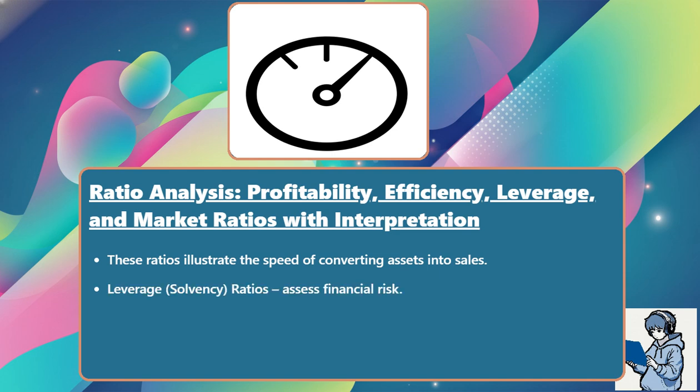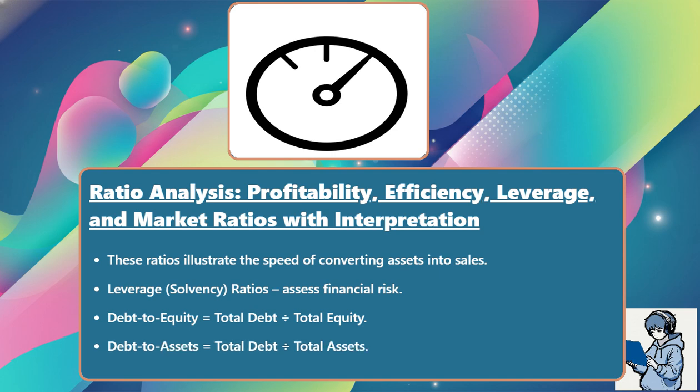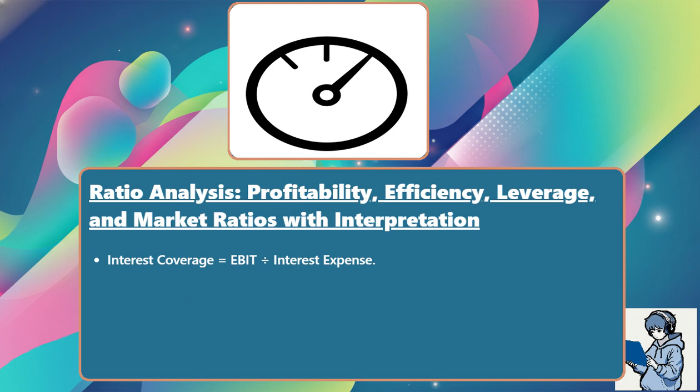Leverage or solvency ratios assess financial risk. Debt to equity equals total debt divided by total equity. Debt to assets equals total debt divided by total assets. Interest coverage equals EBIT divided by interest expense. Higher leverage can amplify returns but also raises bankruptcy risk.